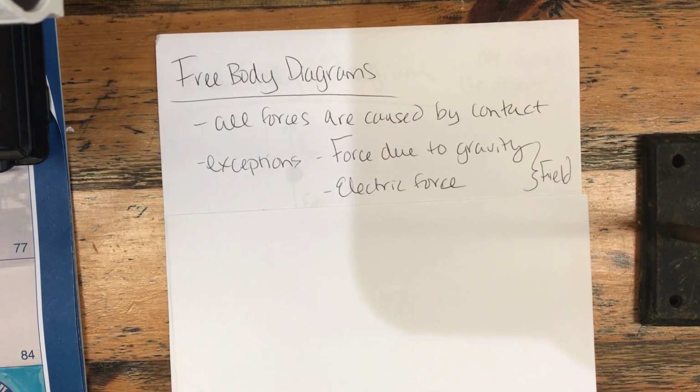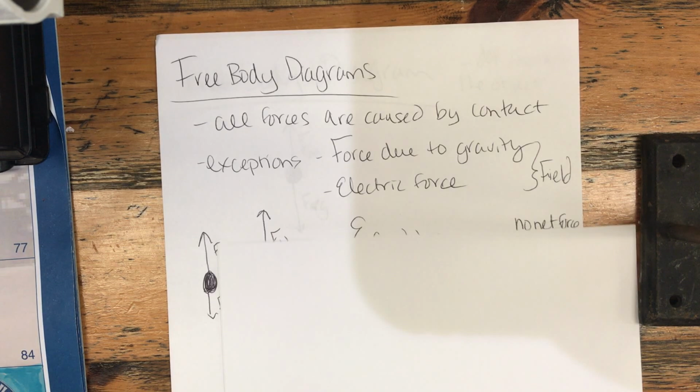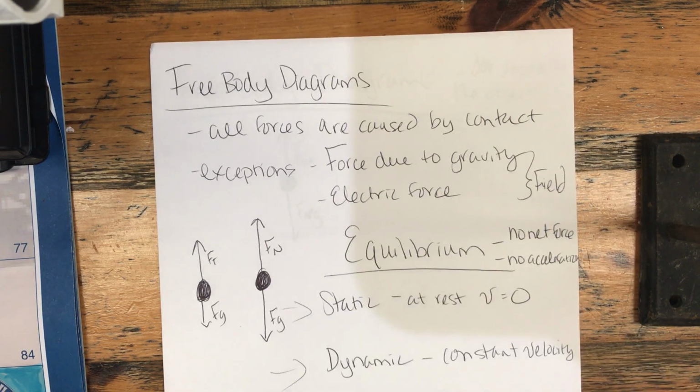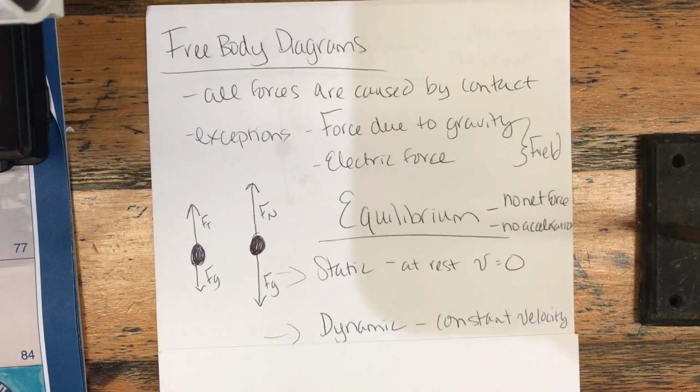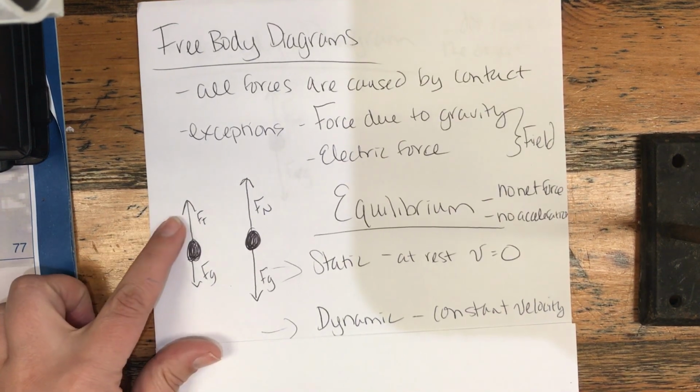All right, so if I was just going to have an object being pulled up by a string, or dangled by a string, or maybe something just resting on a table, some of our basic free body diagrams where something is in equilibrium are here.